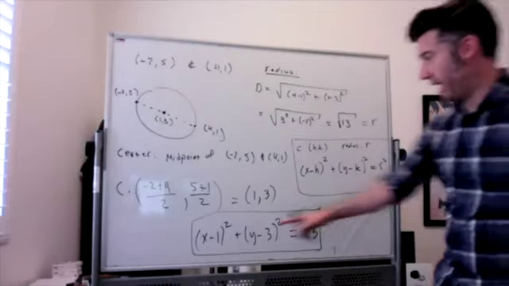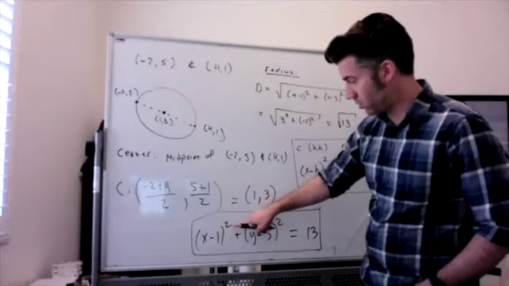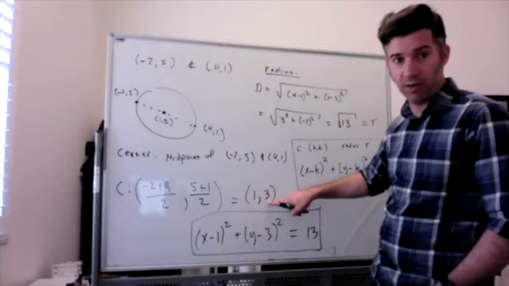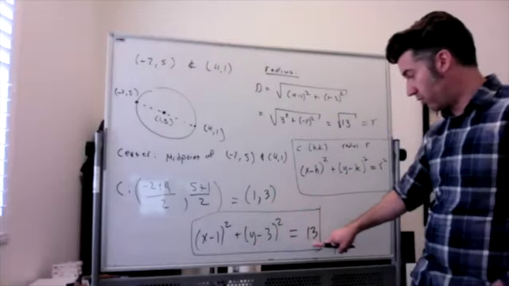So that's what we did. We did x minus our x coordinate squared plus y minus our y coordinate of the center squared equal to the radius squared.